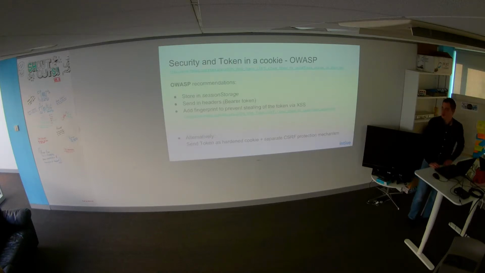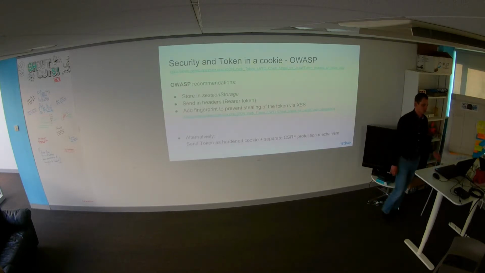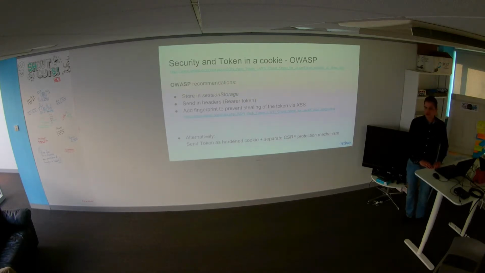Now, even OWASP, am I saying it correctly? They decided to write on it. It's for Java, but applies everywhere. They say, store your token in session storage, so it's JavaScript accessible, send it in a header, and add a fingerprint, a really fancy name for something, to prevent stealing of the token. What's a fingerprint?